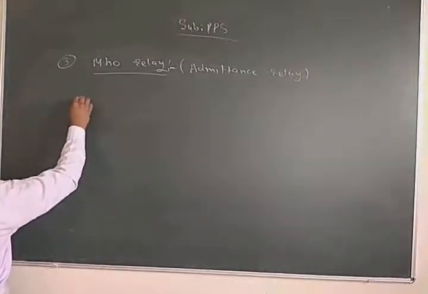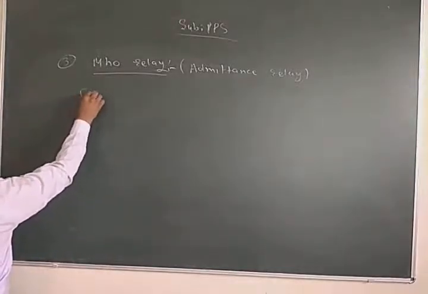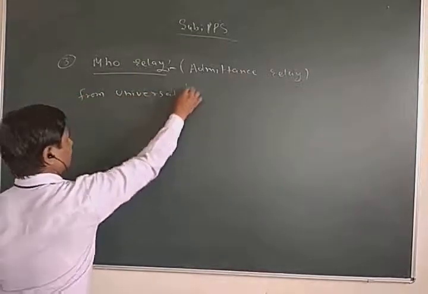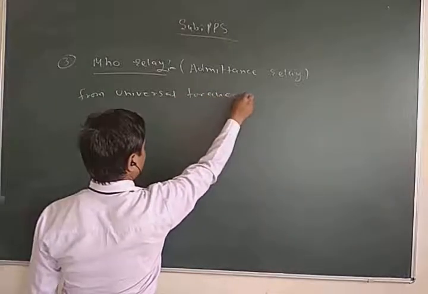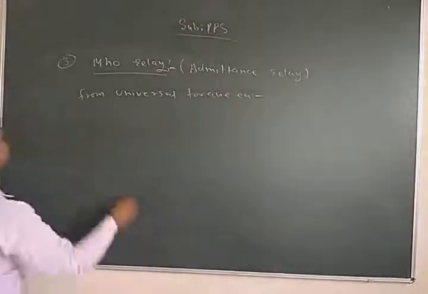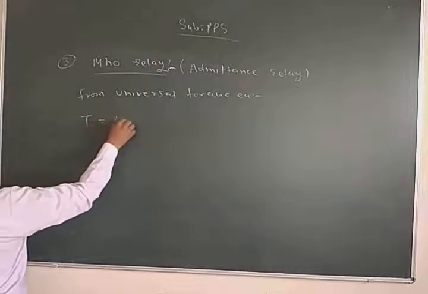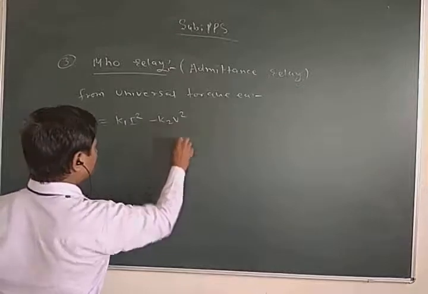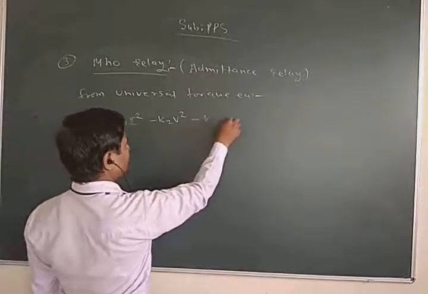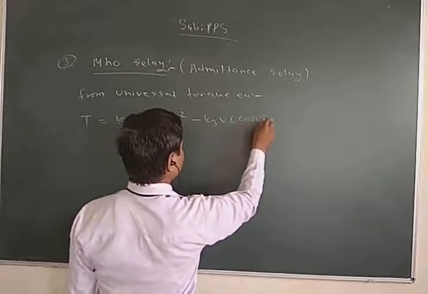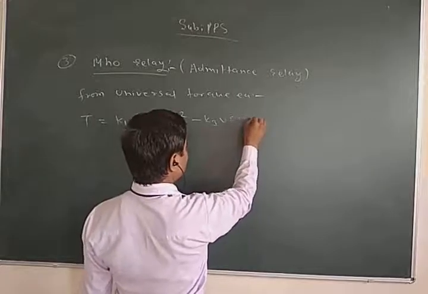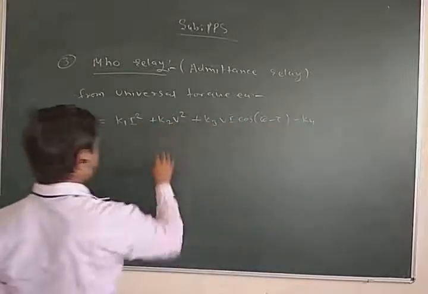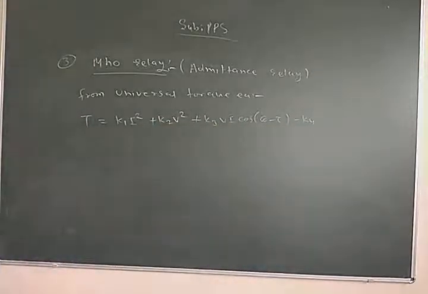So from the universal torque equation, T is equal to K1 I square minus K2 V square minus K3 VI cos of theta minus tau, minus K4. This is the universal torque equation.